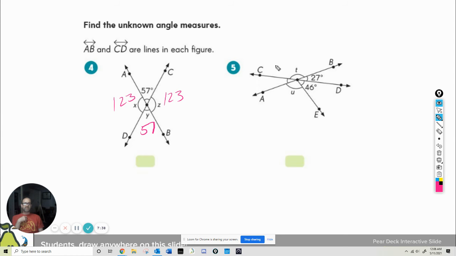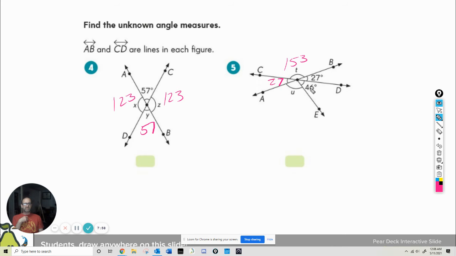A, B, C, D. Okay. So A, B, C, D. Okay, so that's 27. That's 27. And 27 plus T is 180. So T is 153.